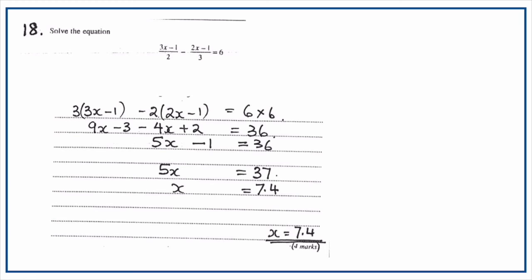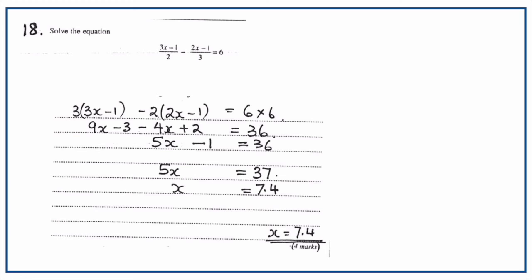So 2 into 6 is 3. So 3, open bracket, 3x minus 1, close bracket, minus 3 into 6 is 2, so minus 2, open bracket, 2x minus 1, close bracket, equals 6 times 6.